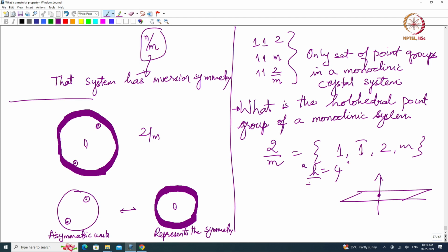So, the number of symmetry elements in the point group. So you can formally define higher symmetry and lower symmetry just by the number of symmetry operations in a point group. Okay. All right. So that is the monoclinic system.